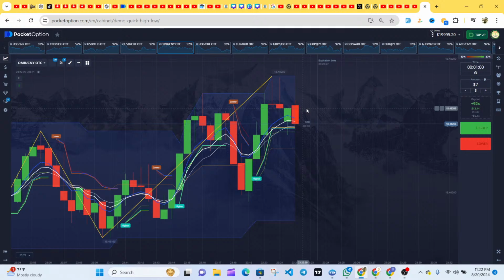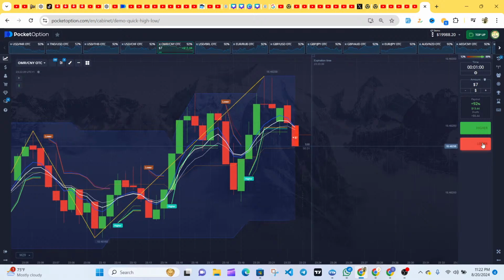Everybody take a sell trade. Click on the lower part. Another sell trade. The indicator printed. Take another sell.